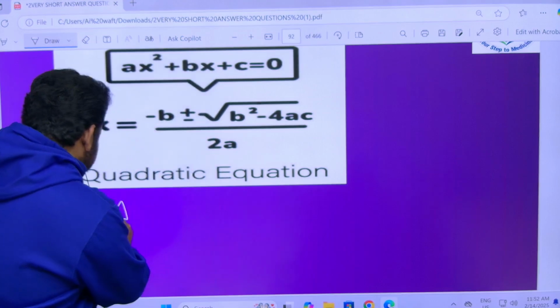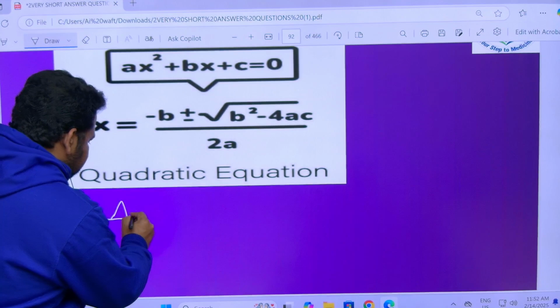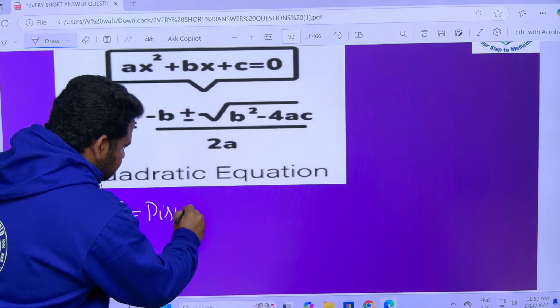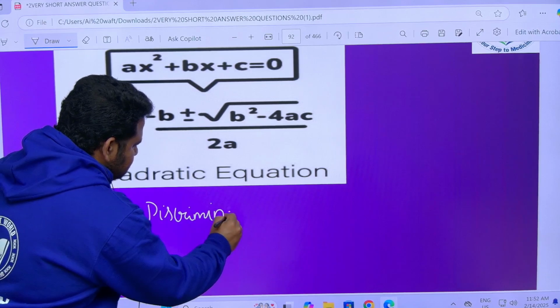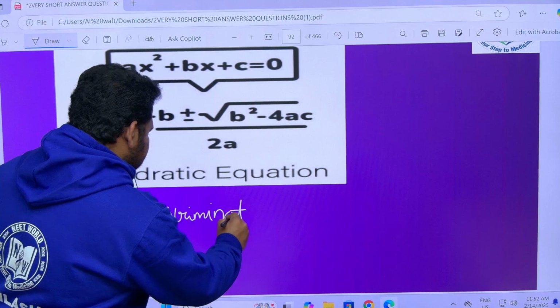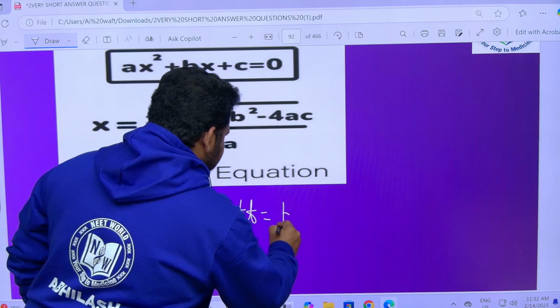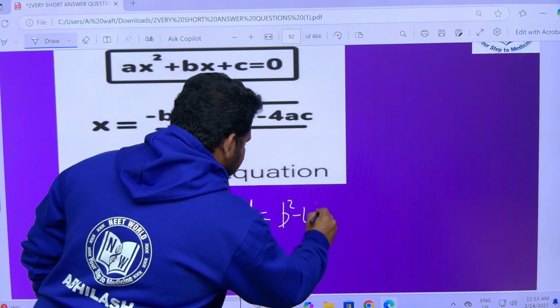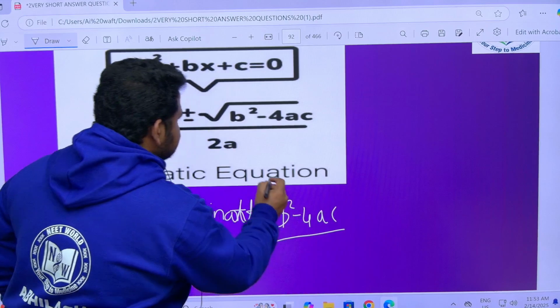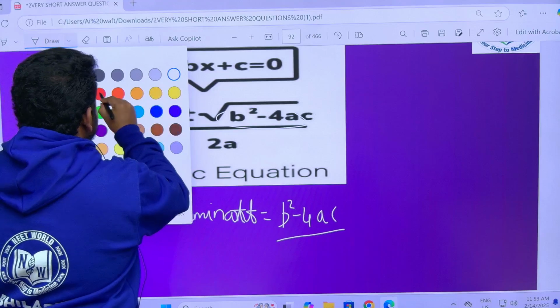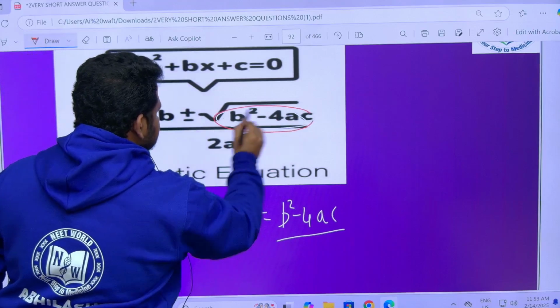Now discriminant is represented by this symbol delta, and that is given by b square minus 4ac. The value of discriminant is b square minus 4ac, which you can see here.